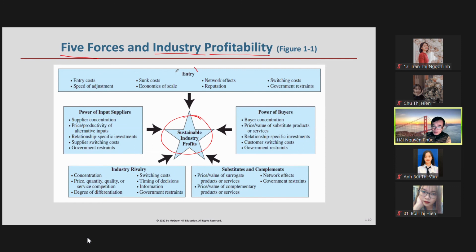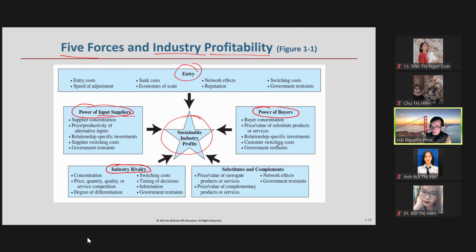The first one is entry, the quantity of firms in the market. The second group is the power of input suppliers. The third one is the power of buyers. The fourth one is the intensity of competition in the market, right?